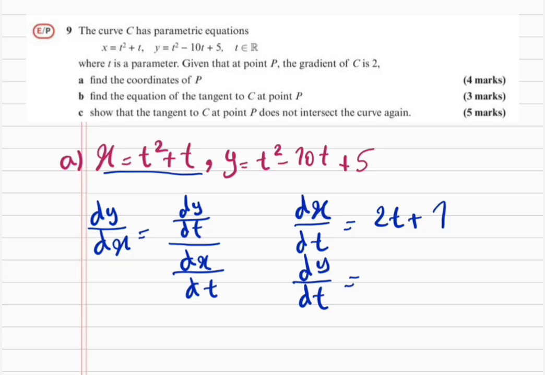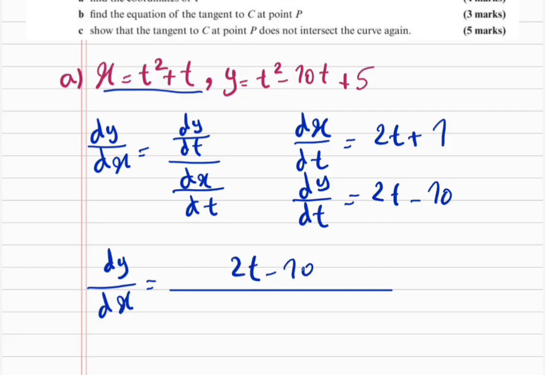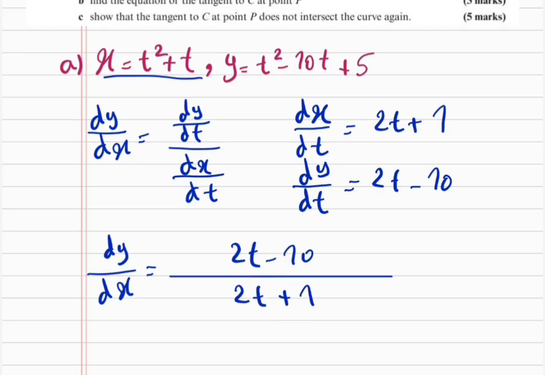And now for dy/dt, it's 2t minus 10. Now we can find dy/dx. So dy/dt is equal to 2t minus 10, and dx/dt is 2t plus 1. So this is the derivative.